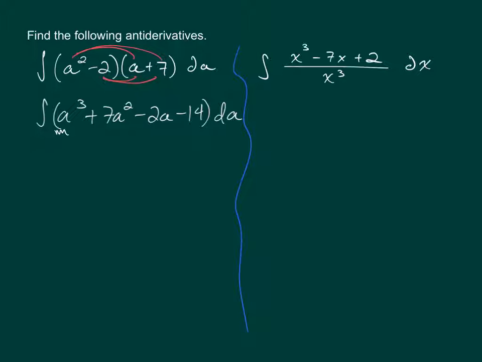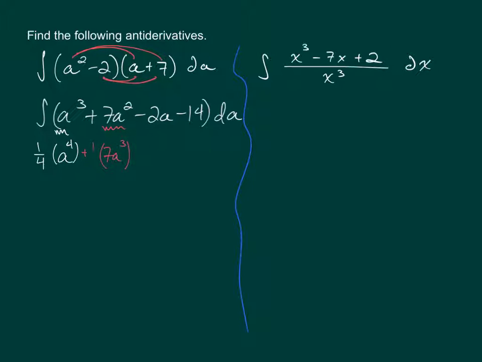This first term, a to the third power, when you use the power rule, tells you to add 1 to the exponent, so a to the fourth, and you multiply that times the reciprocal of the new exponent. Plus, I'm going to do 7a squared, so I'm going to have 7a, add 1 to the exponent, so 2 plus 1 is 3.